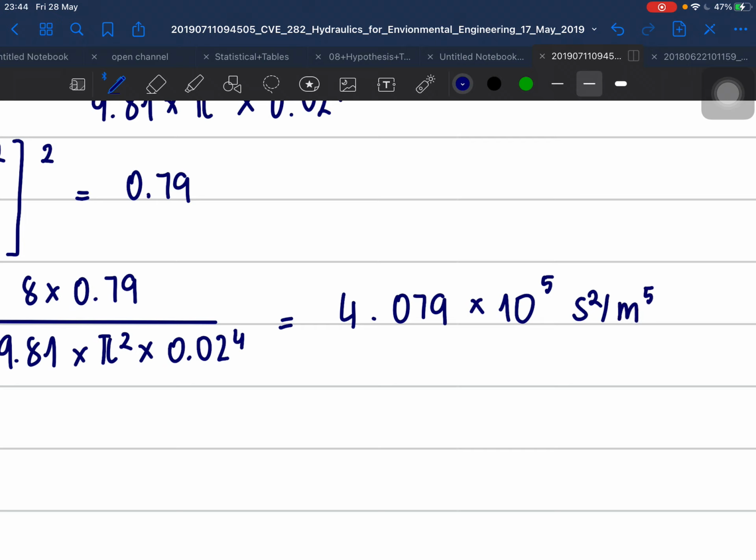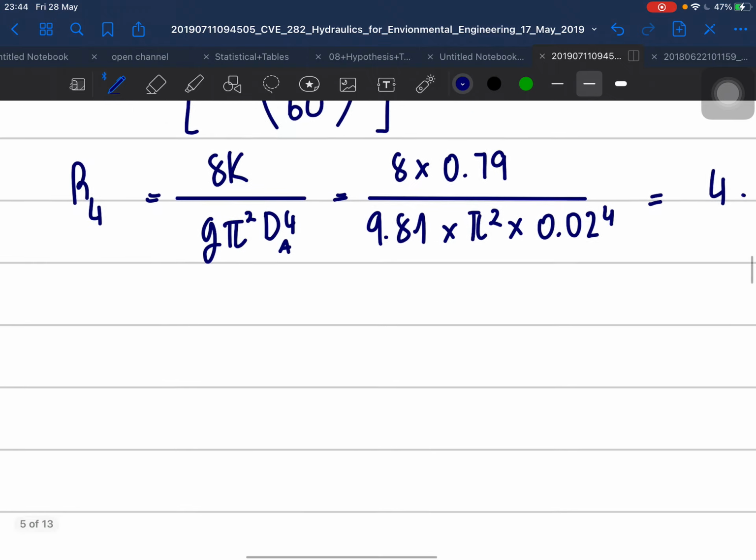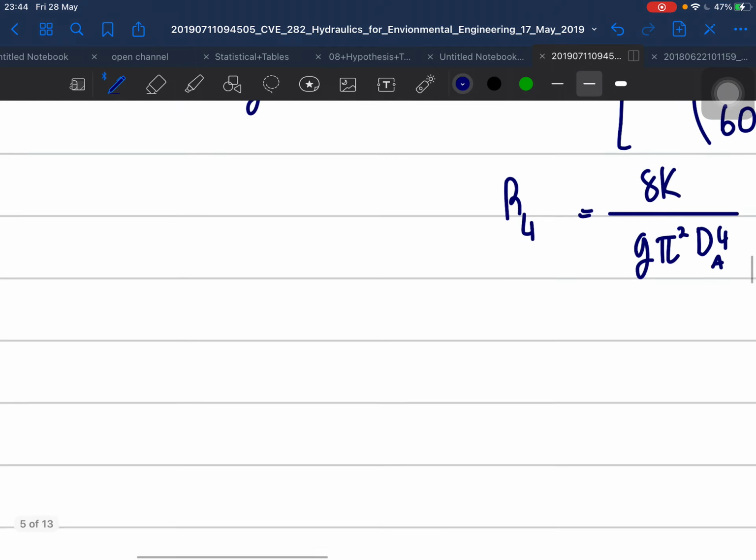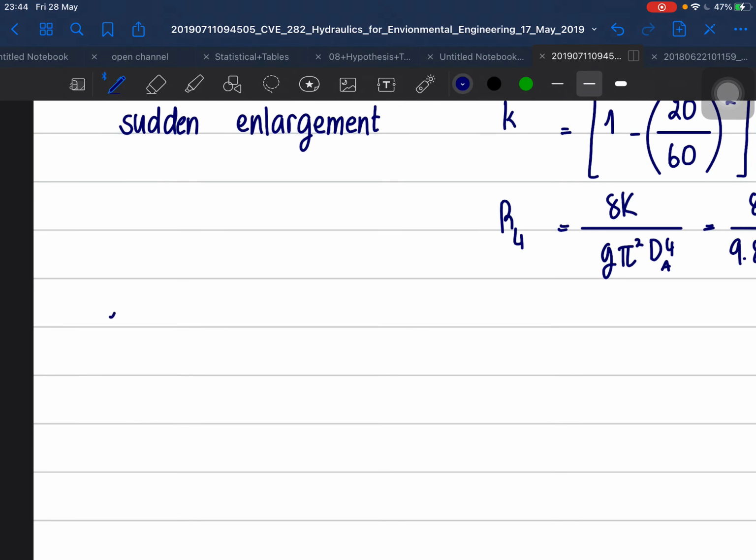Okay, so then we can continue to R5, which is the exit. We know that the exit loss coefficient is 1. Wait, I forgot to show you what the main question is. Volume flow rate.